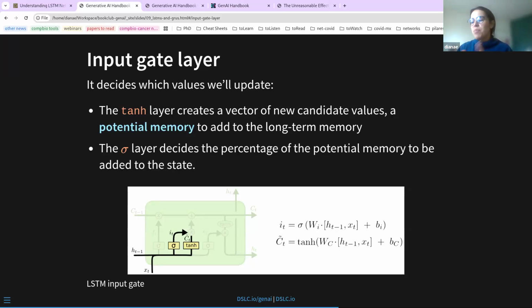Those candidate values are a potential memory to add to our cell state. And those values from the tanh function are paired with values from the sigma function, and the values from the sigma function decide what percentage of that potential memory we're going to add, again in the 0 to 1 range. So we have here a combination of these two activation functions.